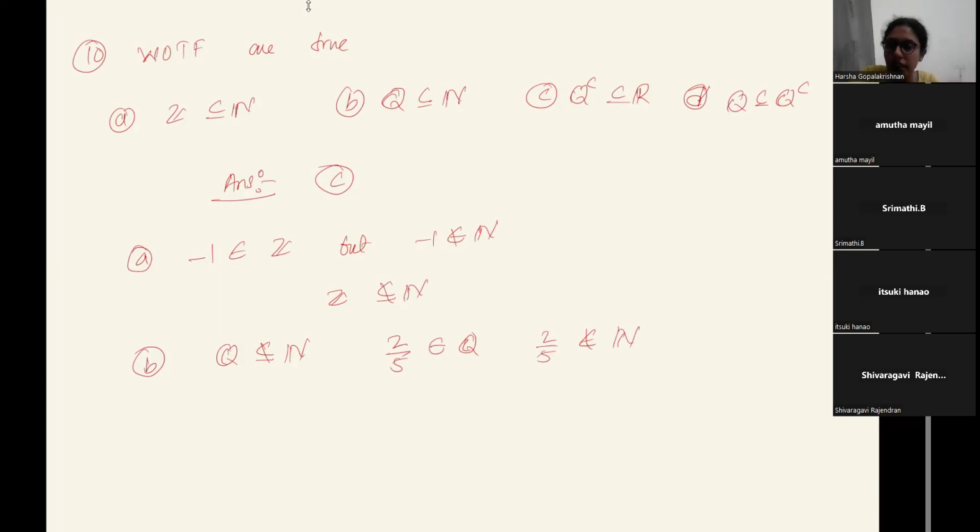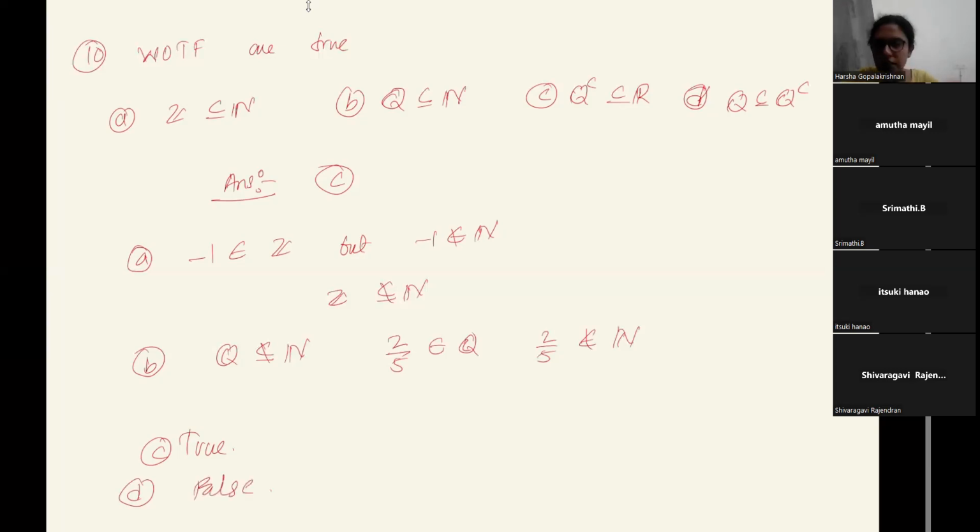Obviously, real numbers contain all the rational and irrational numbers. So C is true. And D is clearly false because for whatever the set, X cannot be contained in its complement. So it is false.